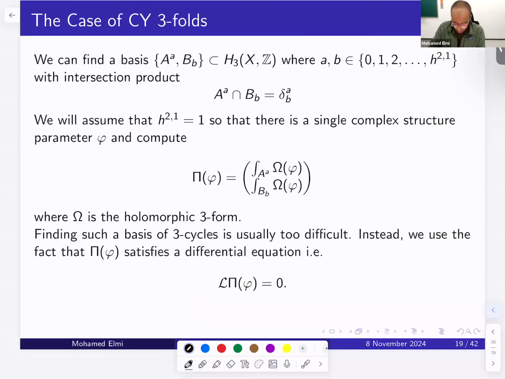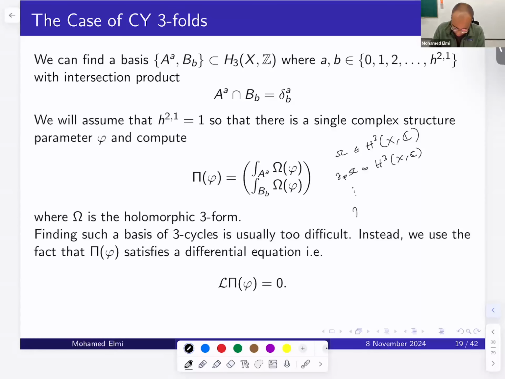This just follows from a simple argument. Omega is an H^{3,0} class. You can differentiate with respect to complex structure, and that will still give you a cohomology class.